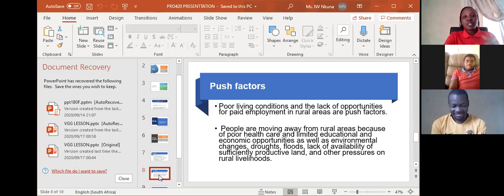So these are the negative reasons that cause people to move away from an area.